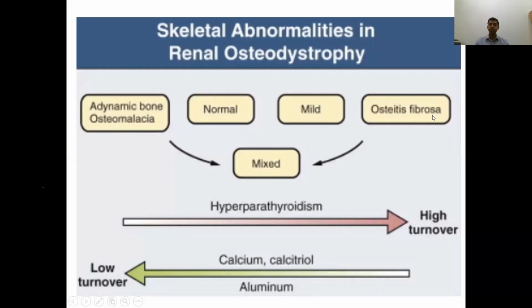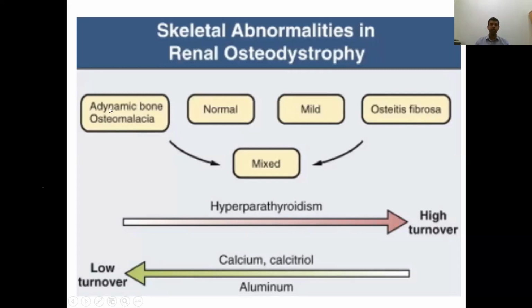Osteitis fibrosa cystica means when you have high PTH, that's going to affect the bone, and there's going to be a lot of high turnover in the bone, where your osteoclasts are going to get overactive, and it's going to resorb your bone a lot. And that is what happens at that end of the disease, osteitis fibrosa cystica.